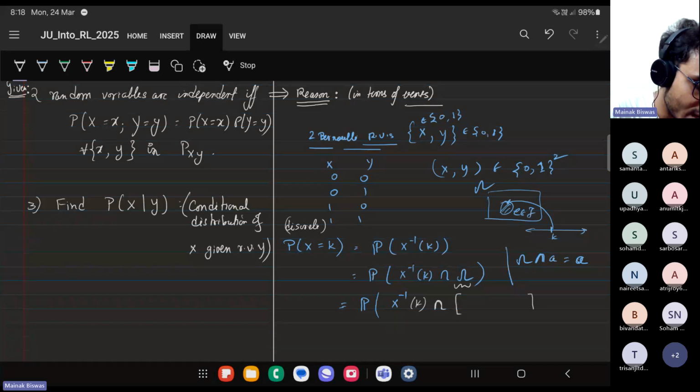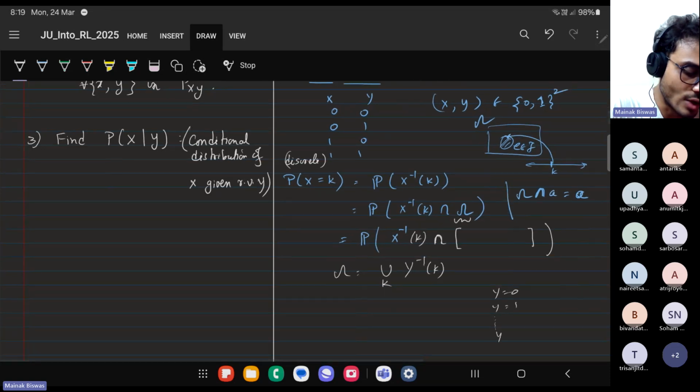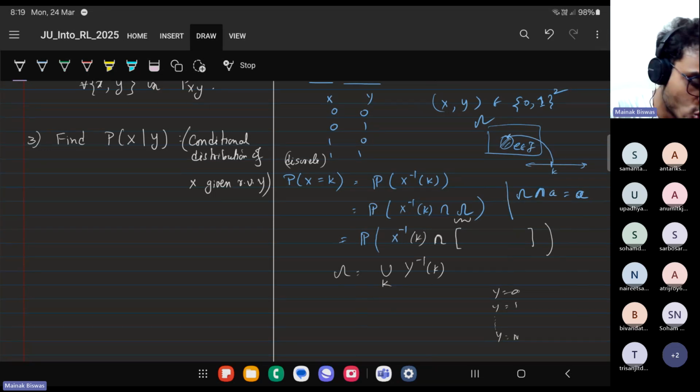I think we did it. We can write it in terms of a partition. Can we write this as omega as union of, for all k, y inverse of k? So for example, y equal to 0, y equal to 1, dot, dot, dot, y equal to n. So whatever, if there are n outcomes possible, I take all of the outcomes and they are all mutually exclusive, yes or no?